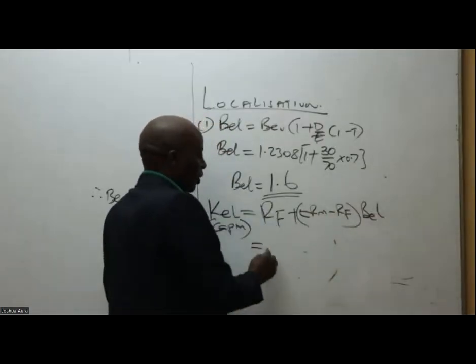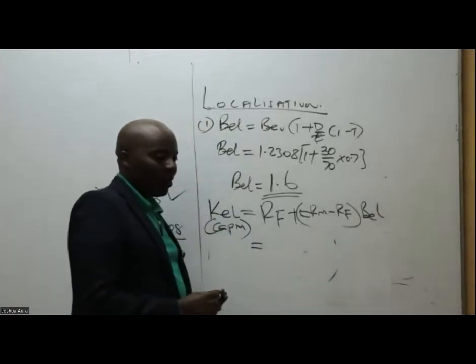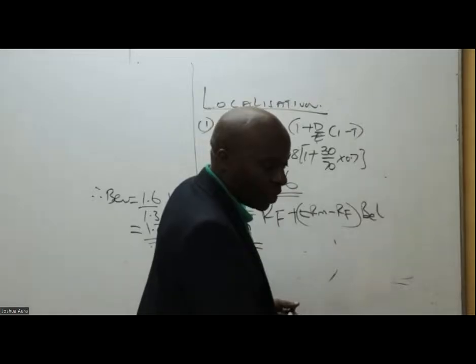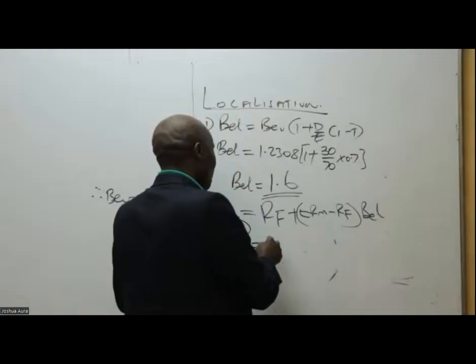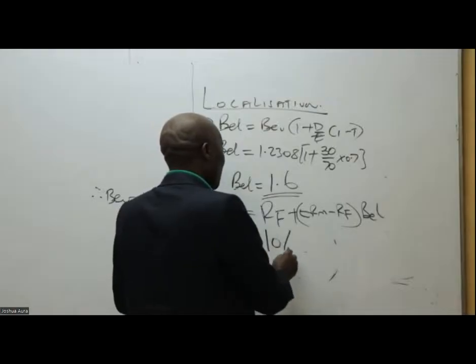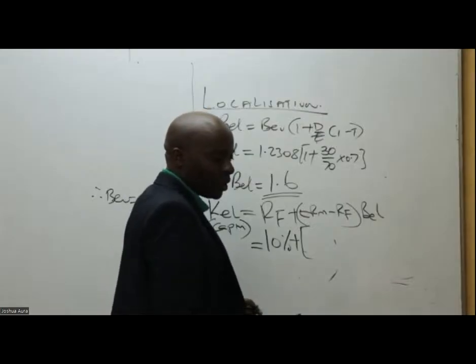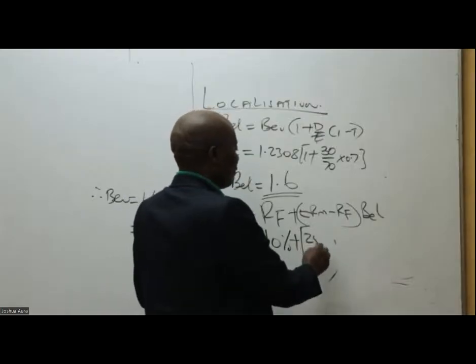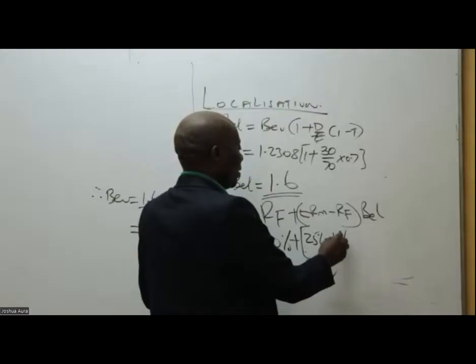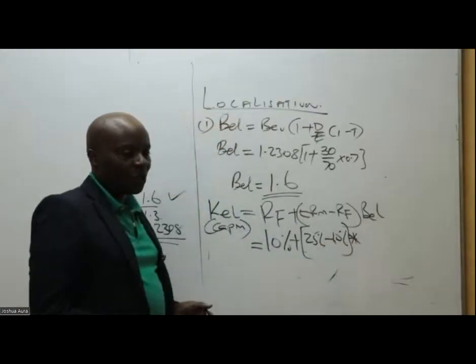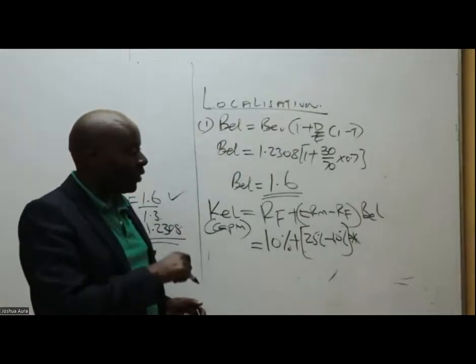Is there somebody who can remember the risk-free rate of return? 10. Thank you so much. So risk-free rate of return is 10 here, plus market returns 25 minus 10% multiplied by beta equity of the levered organization.